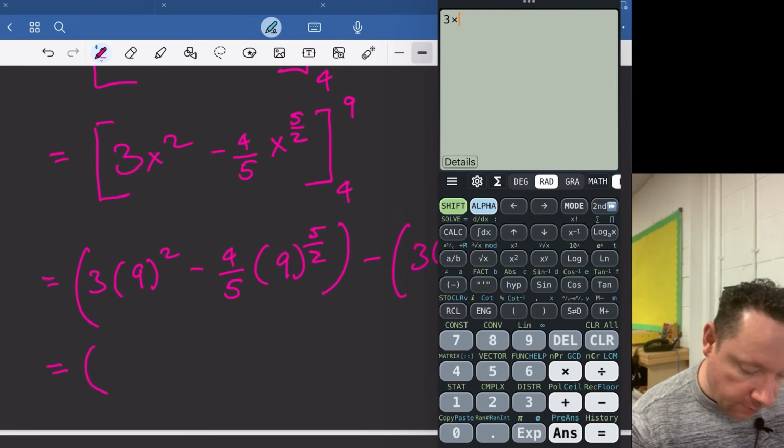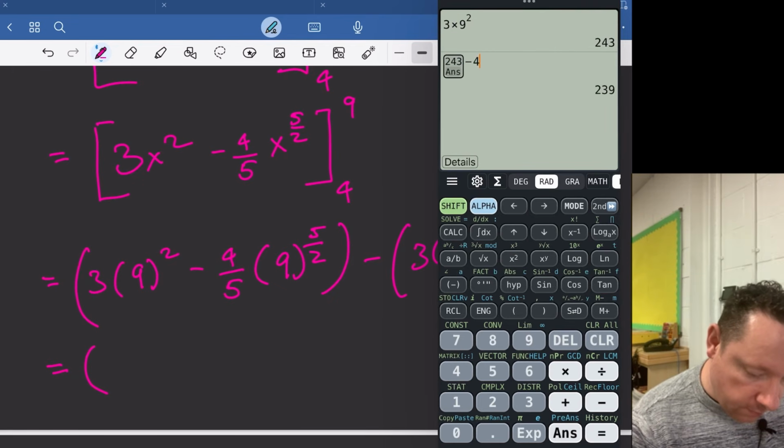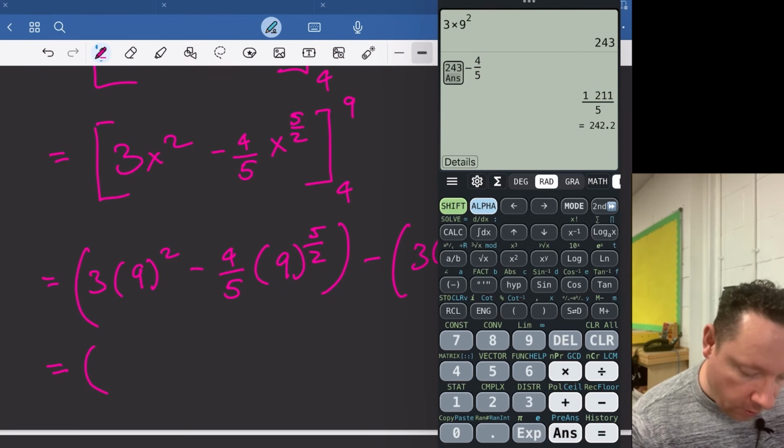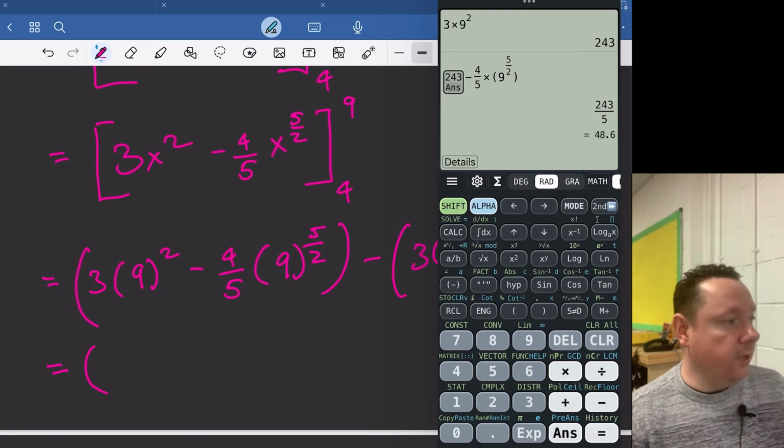We've got 3 times 9 squared minus 4/5 times 9 to the power of 5 halves. Calculator's getting a workout on this one. That gives me 243 over 5.